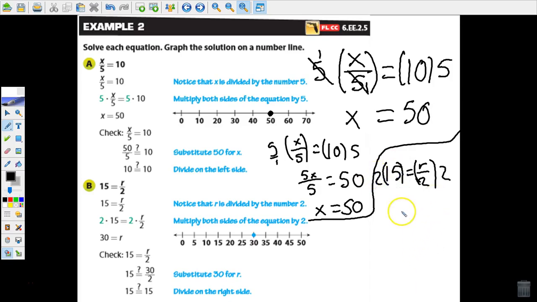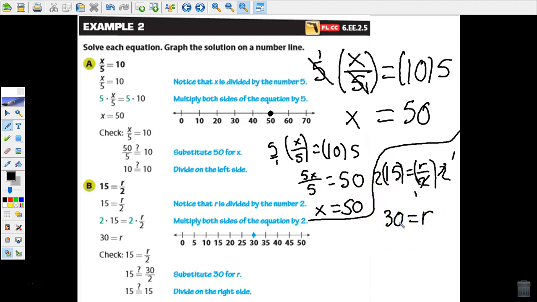So easy. Cross multiply the 2 and the 2, they turn into 1. Well, cross simplify. So the 2 turns into a 1. The 2 turns into a 1. So I'm just left with r equals, what's 2 times 15?